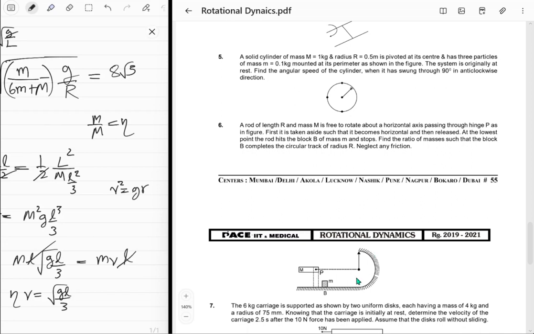This v is different from that v, okay? Then v squared is equal to u squared plus 2as, so we use v final and v initial, with the initial velocity squared plus 2as, which is going to be negative. And yeah, it is definitely gR.